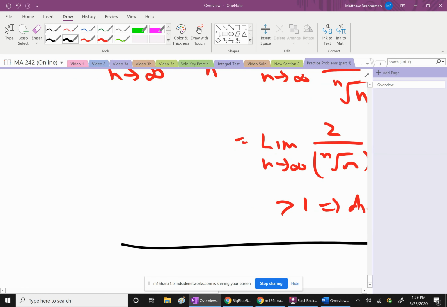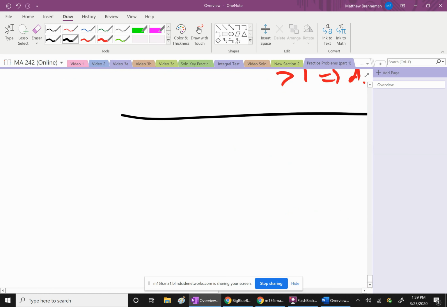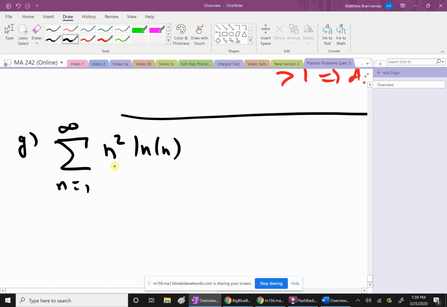So the last one is G. We want to test the convergence from n equal 1 to infinity of n squared log n over 2 to the n.